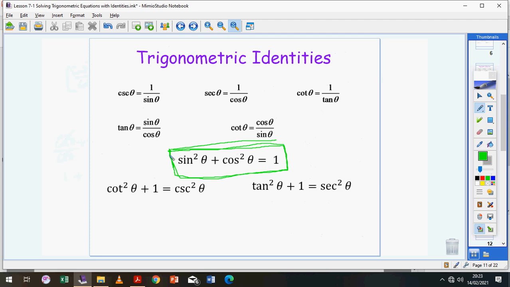I suggest you put the tattoo on your palm, maybe, so that we can tell if you're cheating on an exam. But anyways, from that first one, you can get these other two. Those three are called the Pythagorean identities of trigonometry.